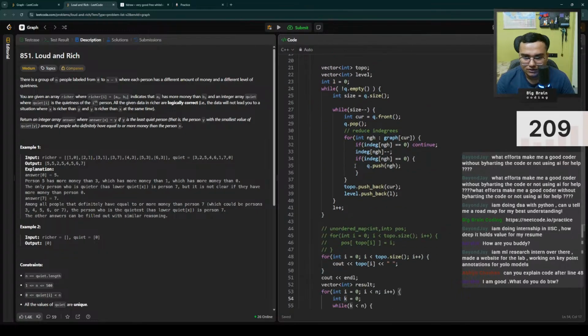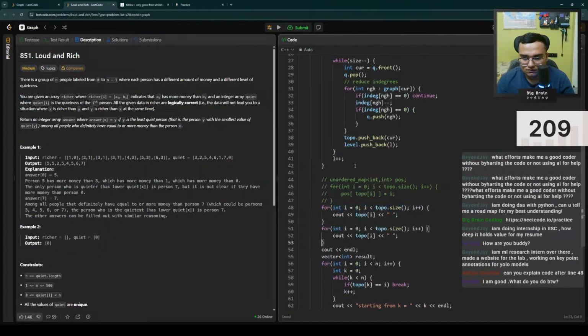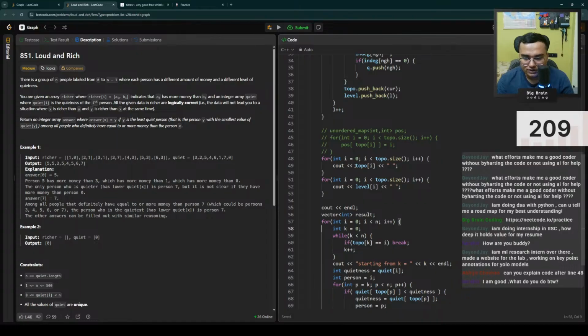Now in here, level. For each node, get the position in topological order.